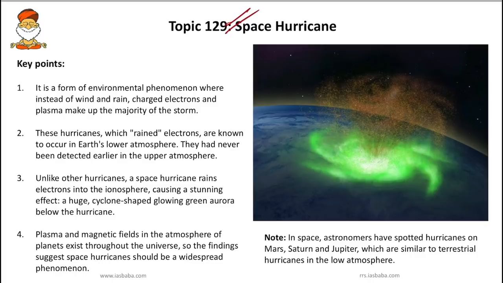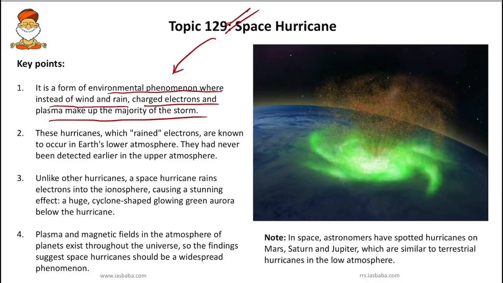Let's move on to the next topic, that is space hurricane. This topic was in the news because for the first time scientists discovered a space hurricane over the North Pole in the Earth's upper atmosphere. This space hurricane is a form of environmental phenomenon where instead of wind and rain, charged electrons and plasma make up the majority of the storm.